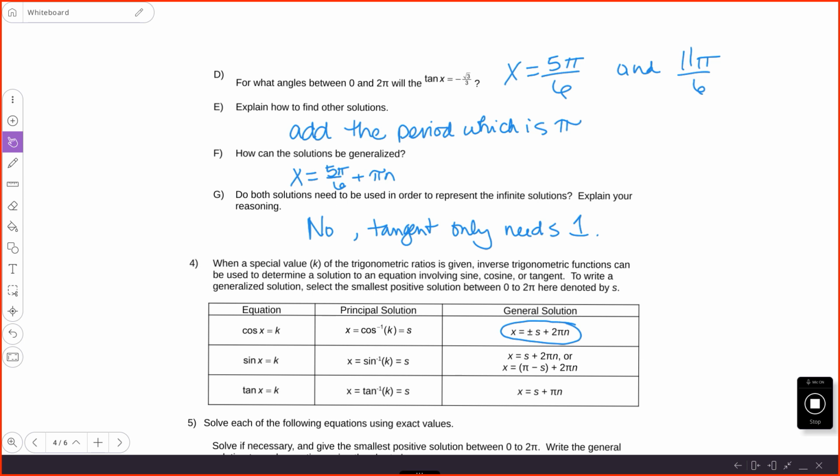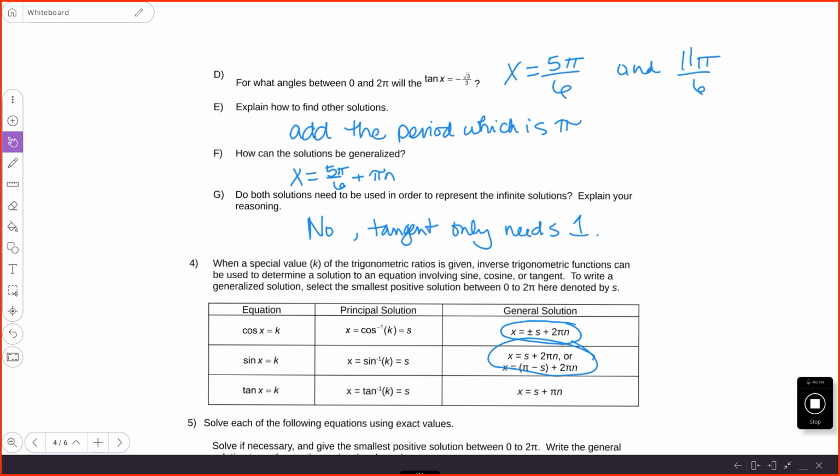You can find the 2 solutions that way, and then you don't even need the little chart. Or you can find one solution and then make it negative. And that'll work too. Either way works. Same thing for sine. You can find the 2 from the unit circle, and those are your 2 solutions, and you just add 2 pi n. Or you can find the first one and do pi minus and get the second one. Either way works. And then tangent, you only need 1.